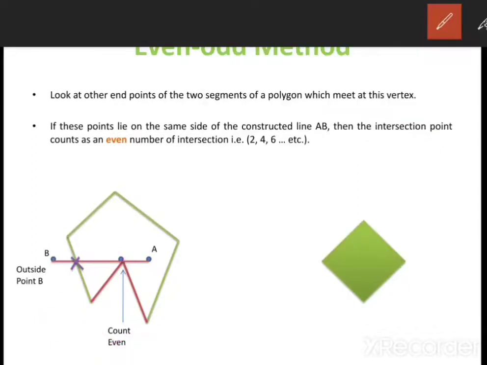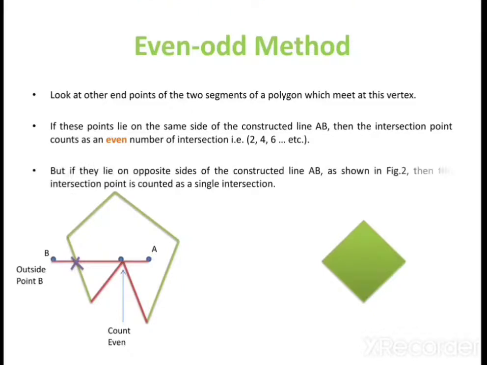What is the other case we can have over here is, if the two points of the line segments are opposite of that line AB, they are not on the single side but they are on opposite sides of the line AB, then what we have to consider? That intersection, right.